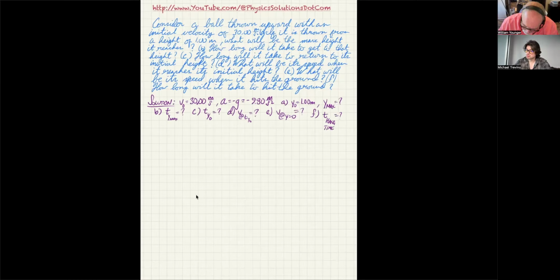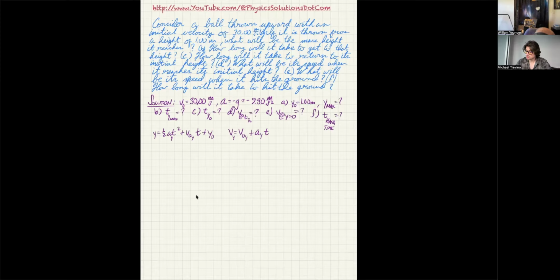Now, in order to do this, we need our kinematic equations. One of the kinematic equations that we'll need is y equals 1/2 a t squared plus v0y t plus y0. And another one we'll need is vy is equal to v0y plus a_y t, like that.